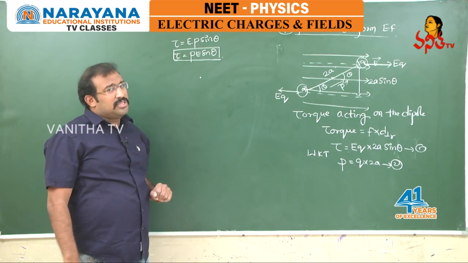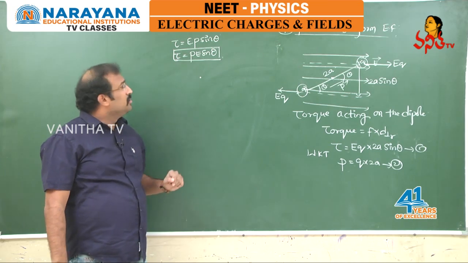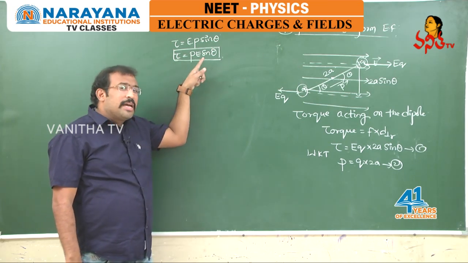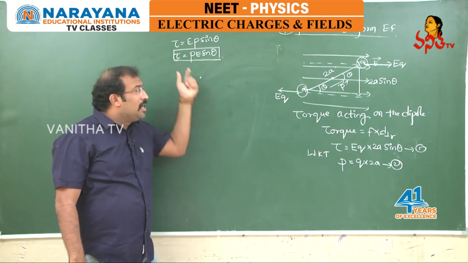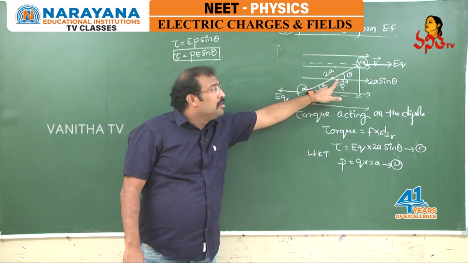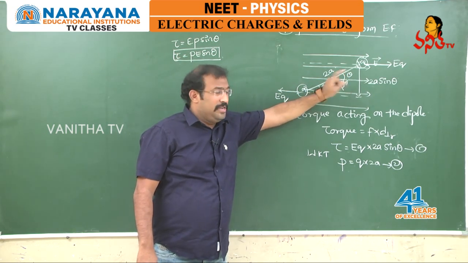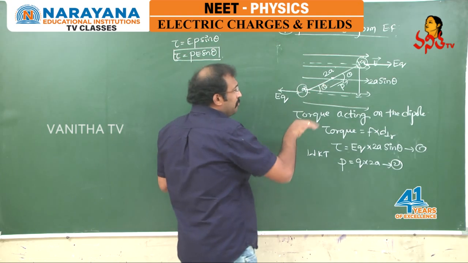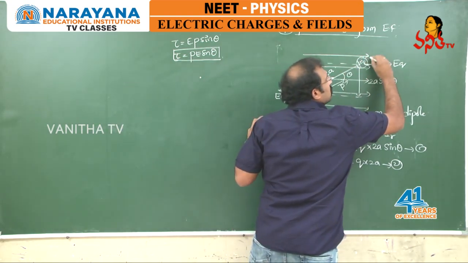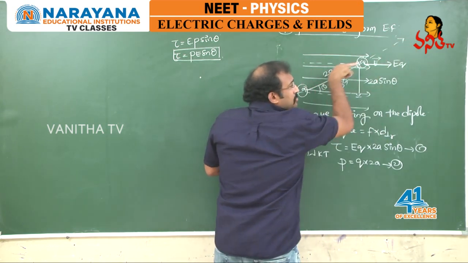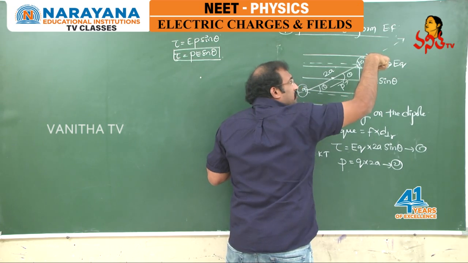What is the direction of this torque? As torque is a vector quantity, we have to define the direction for it. So tau is equal to P E sine theta gives the magnitude of the torque acting on the dipole placed in a uniform electric field at an angle theta to the field. Now, this is P bar, this is E bar, and P bar cross E bar will give the direction of the torque.